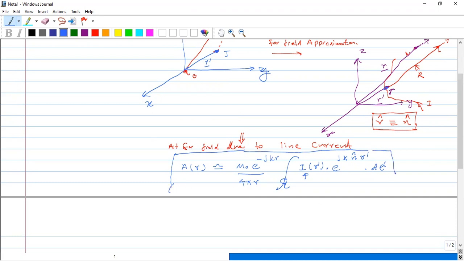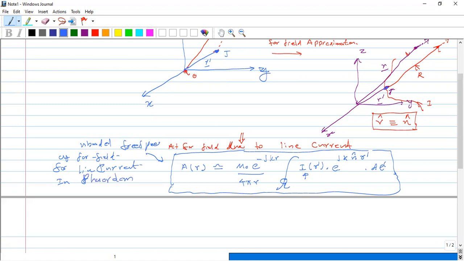So there are many conditions here. This is for unbounded free space, at far field, for a line current, in the phasor domain.